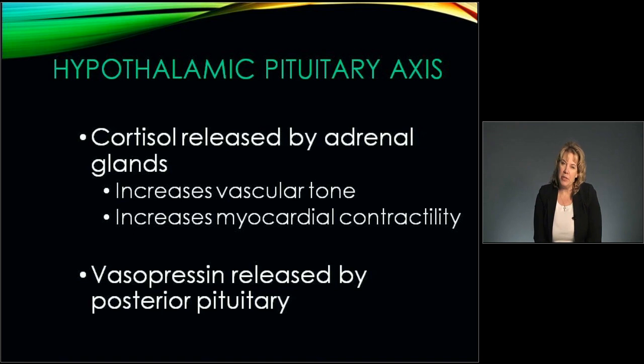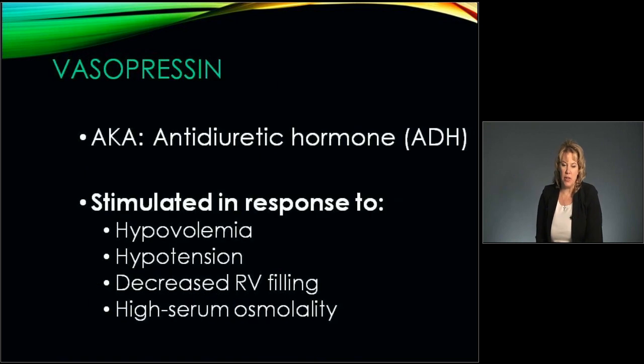The hypothalamic pituitary axis, again, cortisol is released by our adrenal glands, and that is extremely important for our vascular tone as well as our myocardial contractility. Vasopressin, our antidiuretic hormone, is also secreted by the posterior pituitary, working on the renal tubules to cause more volume and fluid to go back into circulation.